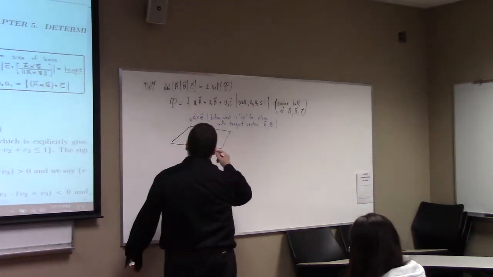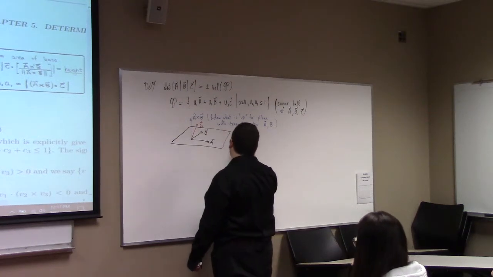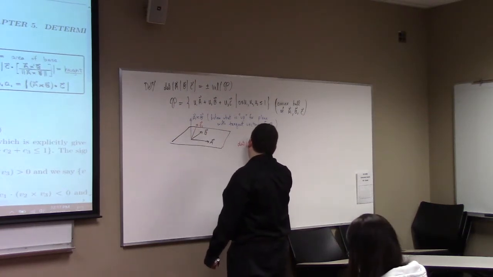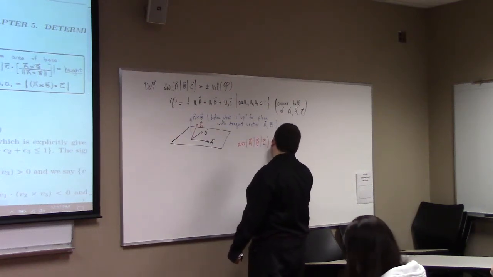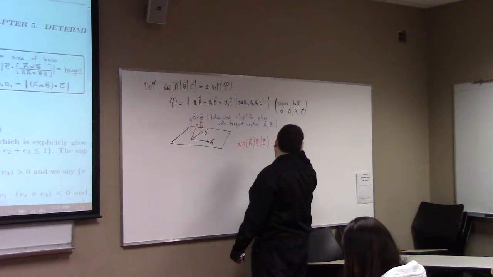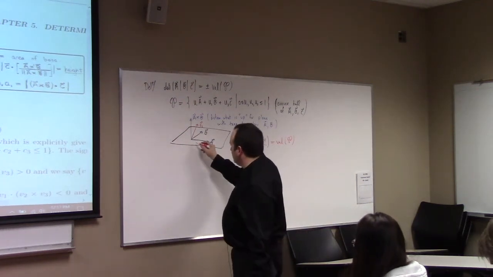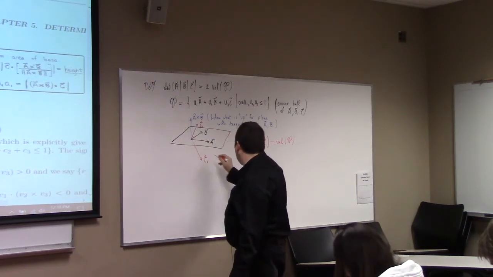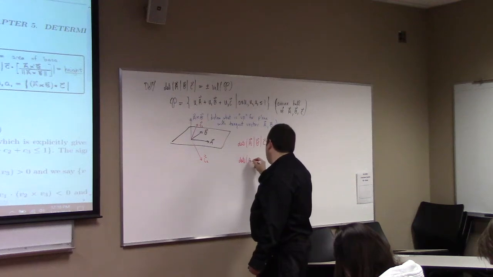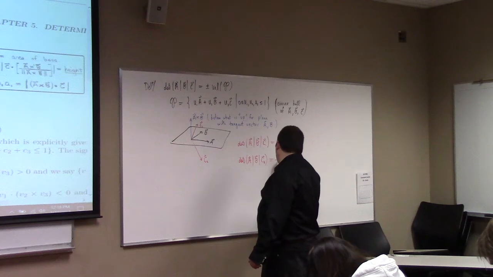So like if C looked like this, for example, let me call that C1, then the determinant of A, B, C1 would actually be equal to the volume of P, right? On the other hand, if C2, if this vector is actually below the plane, then the determinant of A, B, and C2 will actually be minus the volume of the parallelepiped.